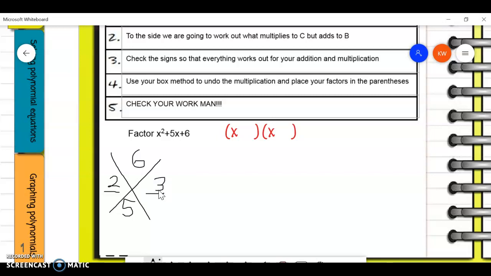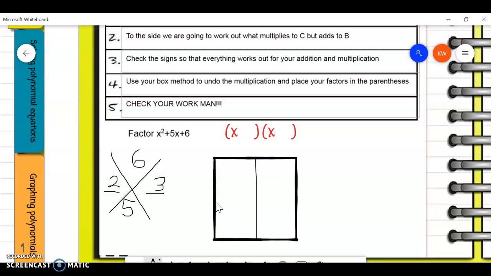and 3. Now, just to make sure that we have this correct, we're going to go through and undo the multiplication that we get in the box method. So here's our box. I'm going to set this up. We got 2 rows, 2 columns, and now we're going to plug in the information we know from here inside of this.